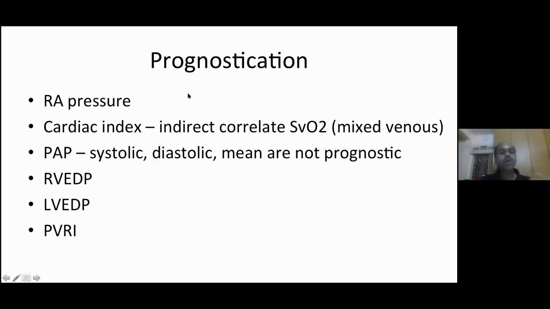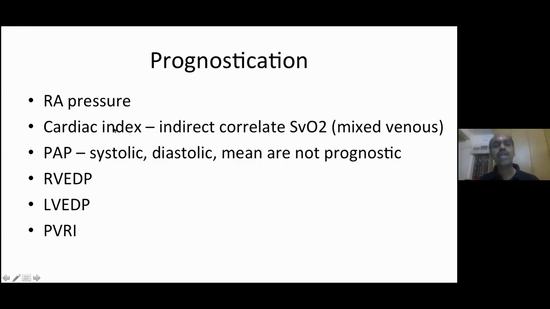Now coming to prognostication, the next reason we get information is prognostication. The pulmonary artery systolic, diastolic and mean pressures are not prognostic. These vary from person to person. It is the amount of impact of this high pulmonary artery pressure on the right ventricle and right atrium that is prognostic. So an elevated RA pressure is prognostic.